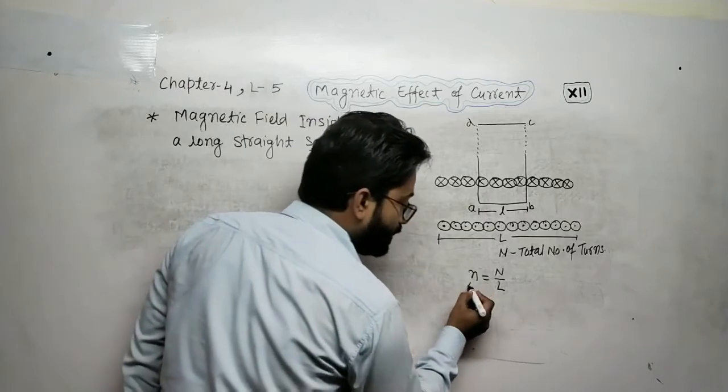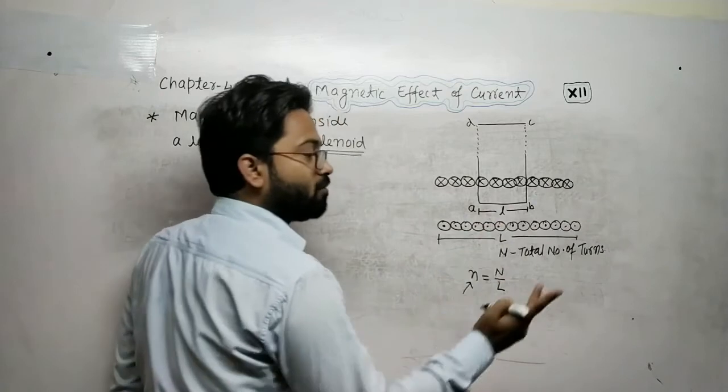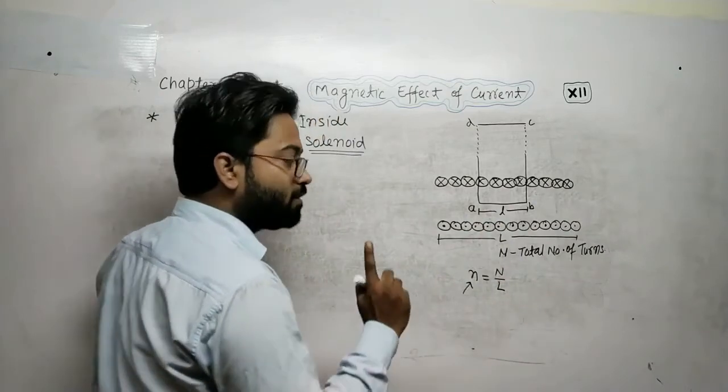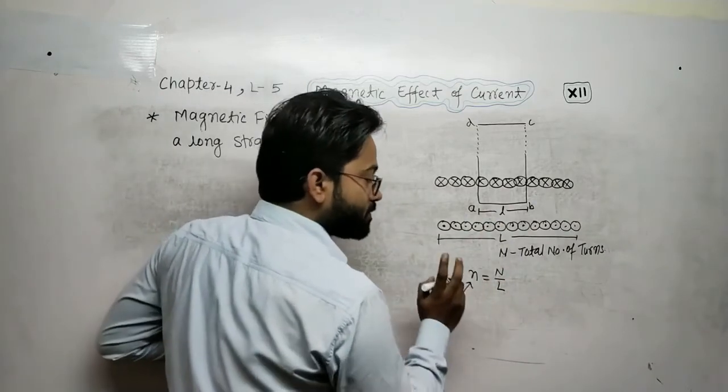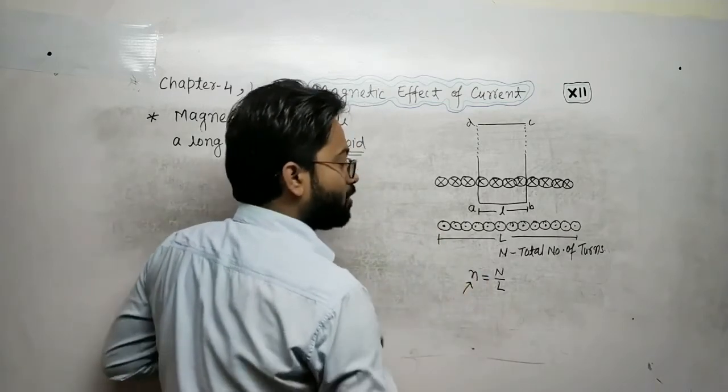1 meter of wire will have a small n number of turns, 2 meters of wire will have 2n turns, and 3 meters will have 3n turns.